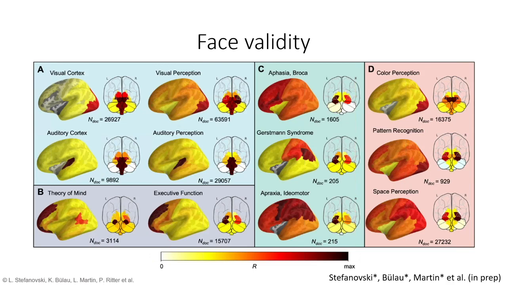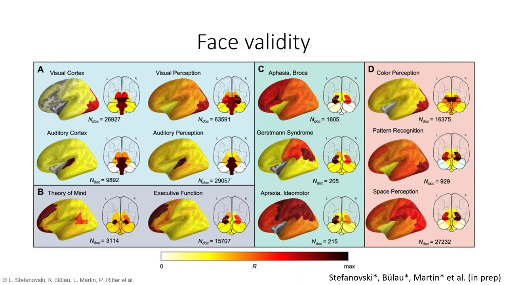So the whole brain is a system that computes the sensory input that is arriving at the primary visual cortex. The same goes for auditory perception, but we can also map more complex cognitive functions like executive function, as you've seen before, or the theory of mind, which literature also tells us is really relevant in the temporoparietal junction, and of course the prefrontal cortex.